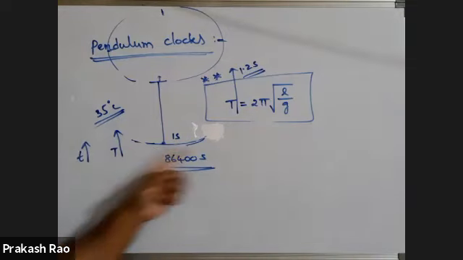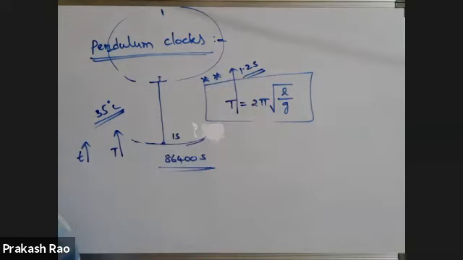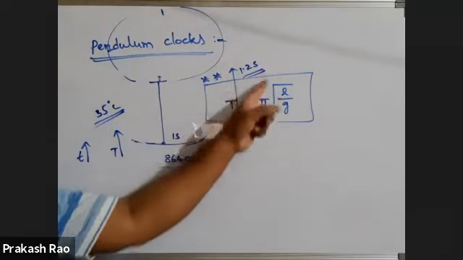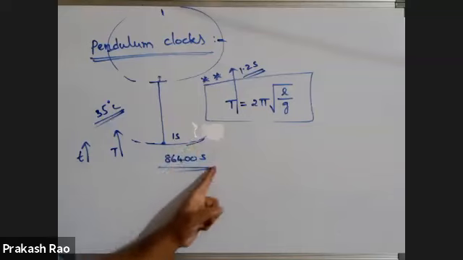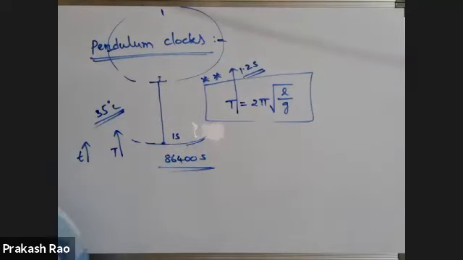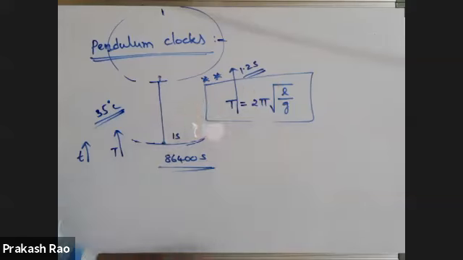Now time period of one oscillation let it be 1.2 seconds. Now with this time period, will it make again 86,400 oscillations in a day? No, sir. Will it get more oscillations or less oscillations? Less oscillations.